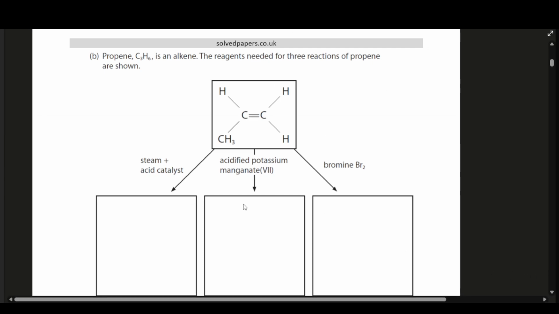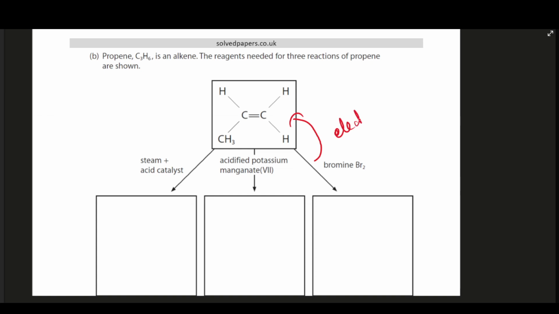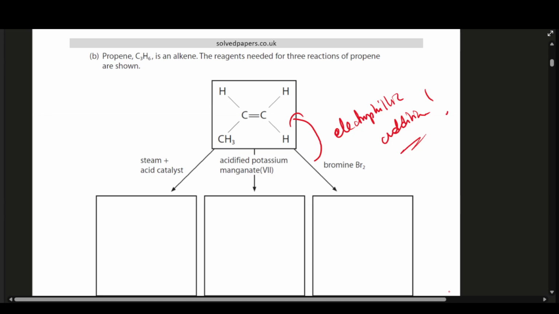Now when we add bromine, we know which reaction takes place. Electrophilic addition reaction, right? That is the mechanism, isn't it? So basically an addition reaction takes place. In this case, both of the bromine atoms are going to get added across the double bond to produce this one right here.